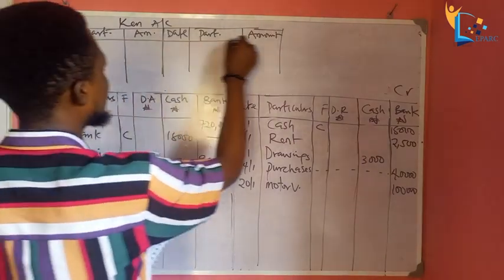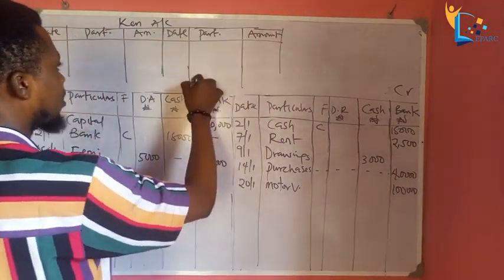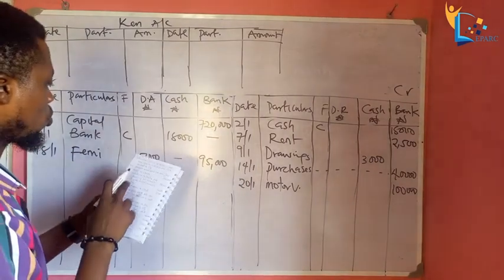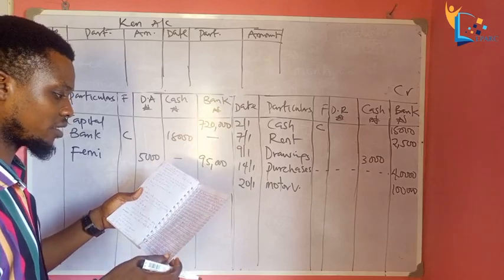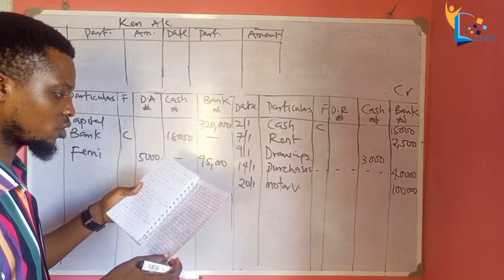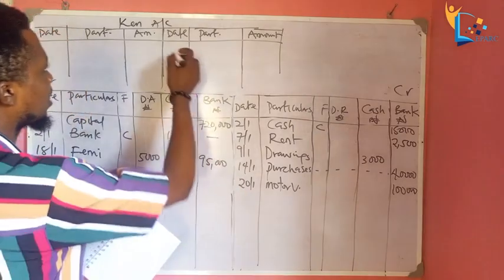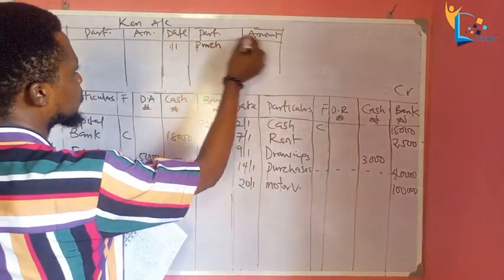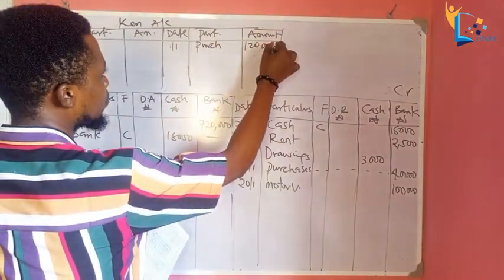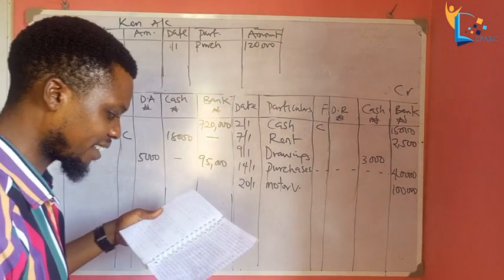Okay? Now, Ken is our supplier, don't forget. So, let's see. Have we ever bought something on credit from Ken? Yes, on the first, we bought goods worth 120,000. First, purchases, 120,000.